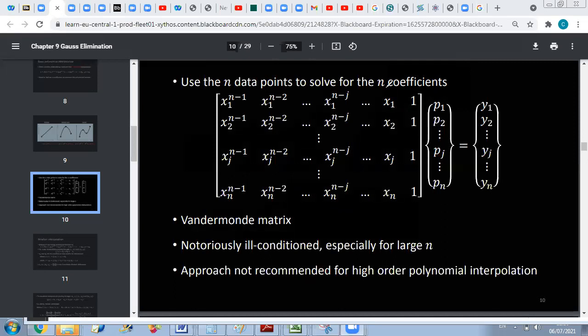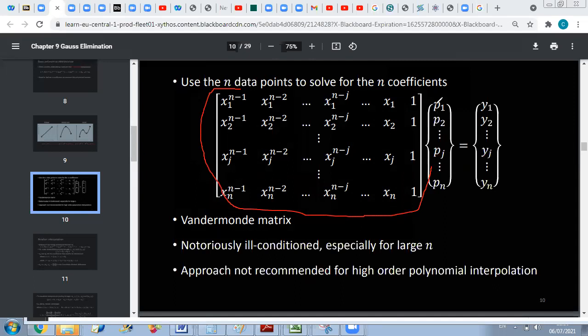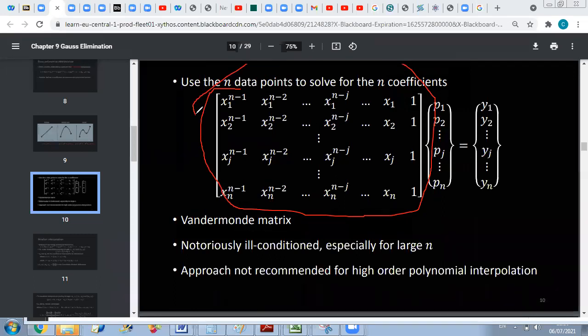Okay. Now, what is the problem with this method? The problem with this method is that this matrix is highly ill-conditioned, and the higher n is, the more ill-conditioned it becomes. We have seen that if we can avoid working with an ill-conditioned matrix, it will be better, because the larger n is, the larger the degree of ill-conditioning, and the larger the round-off errors involved when calculating our coefficients.